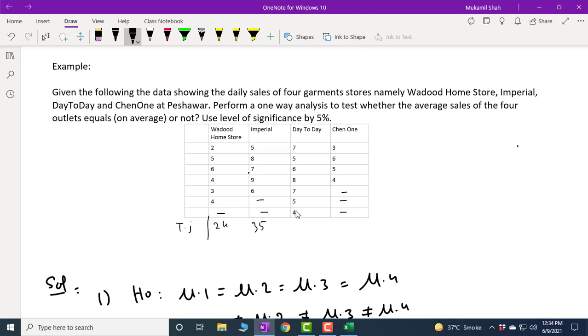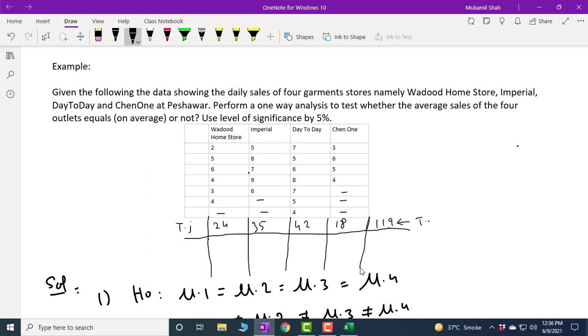The sum of this column is equal to 42, and the sum of this column is equal to 18. And if you add up all these values, the total is equal to 119, and we can name it t double dot. Then we have to square all these values.